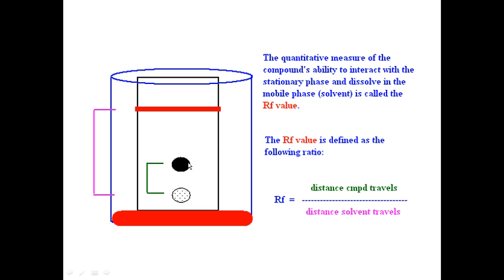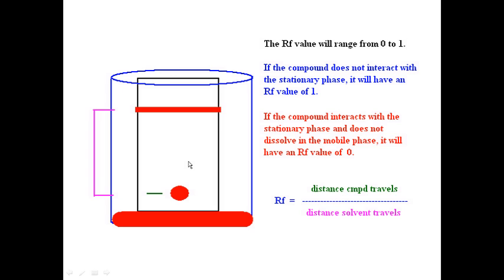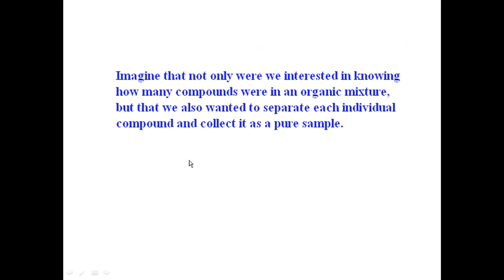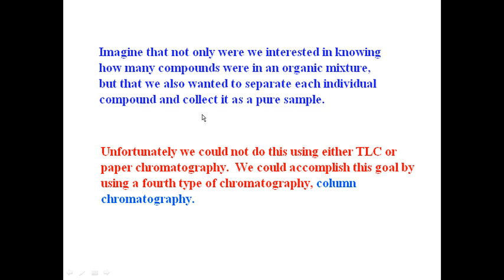That's pretty extreme. What we really need is sort of a three-dimensional plate that allows us to separate the components and then collect each component one at a time. And so that's what column chromatography is about.